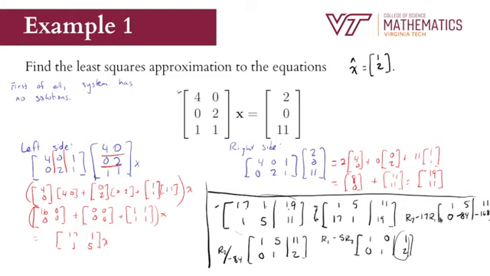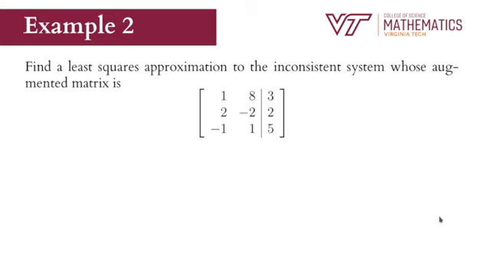Let's try another example. Let's find a least squares approximation to the inconsistent system whose augmented matrix is this matrix right here. So we'll have to solve on two sides. On the left side, we get the transpose, 1, 2, -1, 8, -2, 1, times 1, 2, -1, 8, -2, 1.